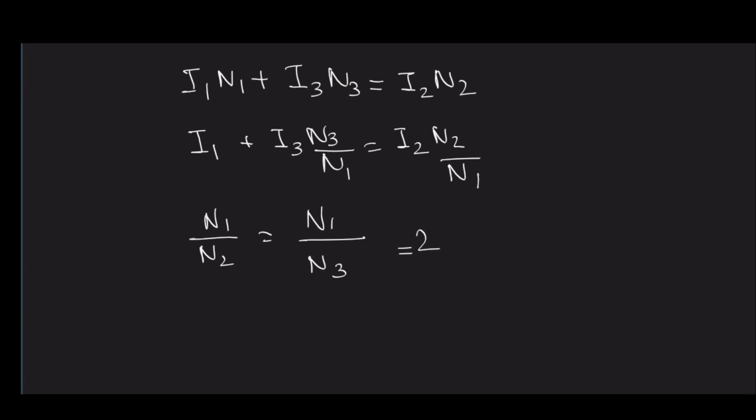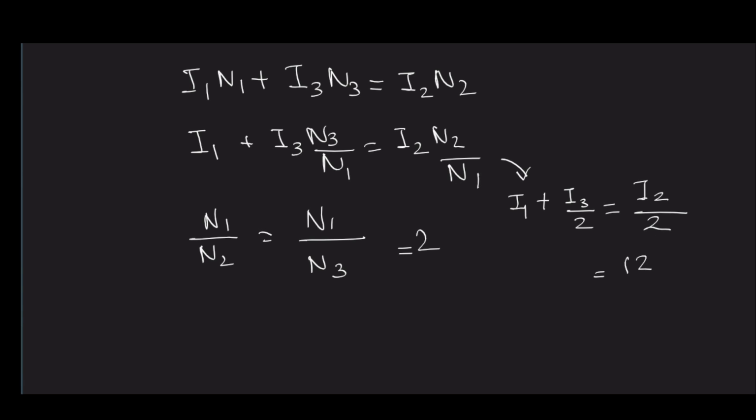So what happened is that I1 is equal to I2 by 2, which is how much? 12.